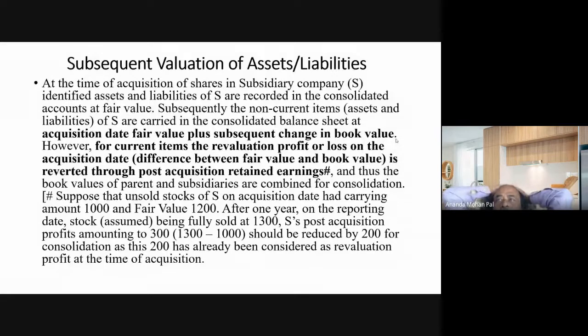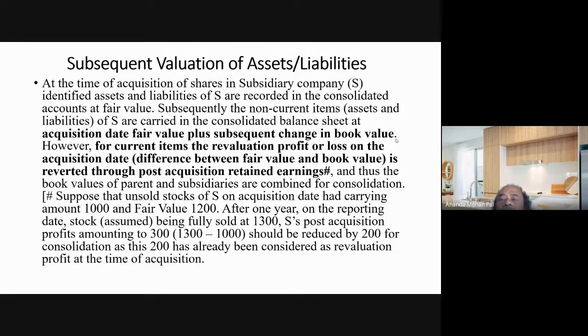Should we take 4 lakhs as net current assets? Or would we take 4 lakhs plus that 60,000 revaluation profit, as done for non-current assets? No, that would not be done. We would take only 4 lakhs. Why? We have already taken the 60,000 revaluation profit.